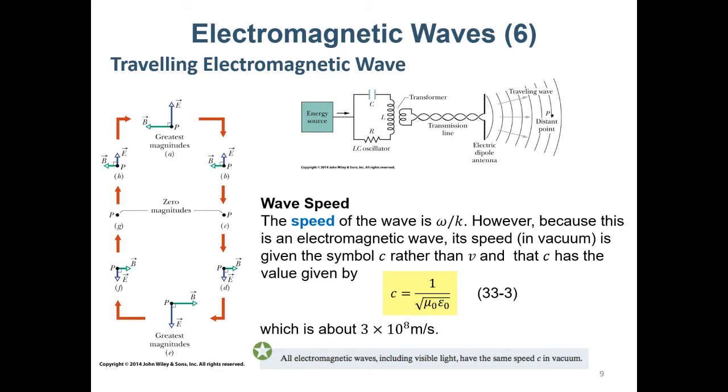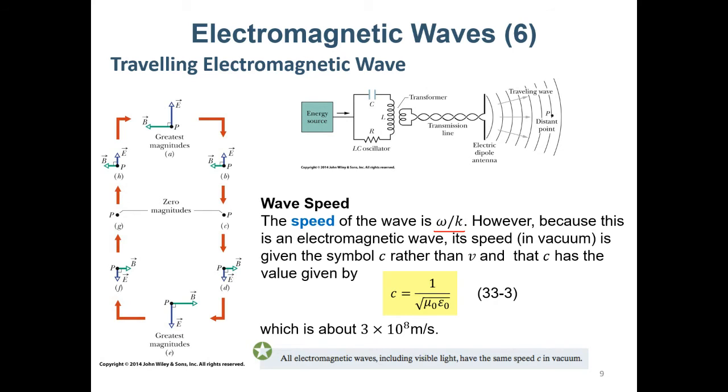And now the wave speed, the speed of light: omega over k is the speed of the wave. Its speed in vacuum is given the symbol c rather than v, and it has the value c equals 1 over the square root of mu naught epsilon naught, which is about 3 times 10 to the 8 meters per second.